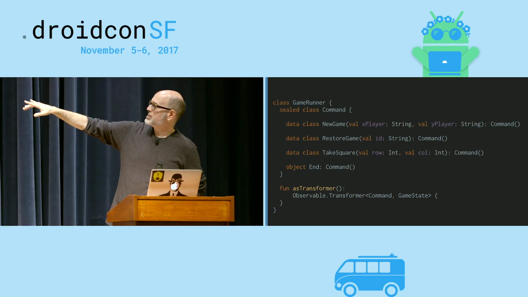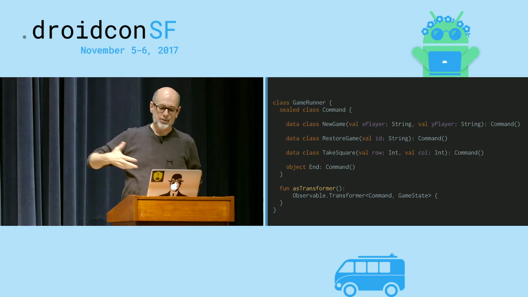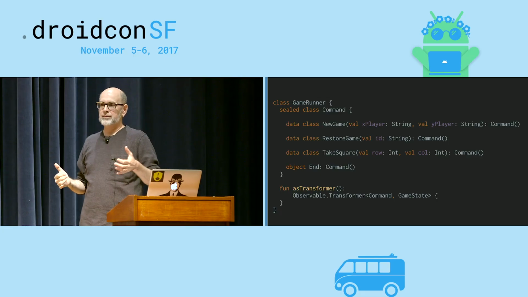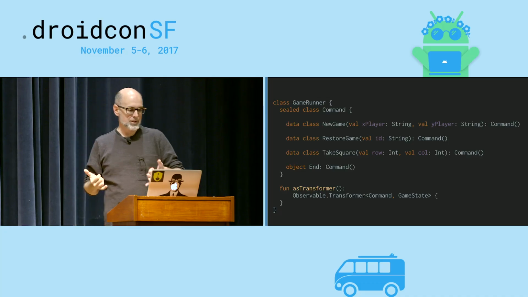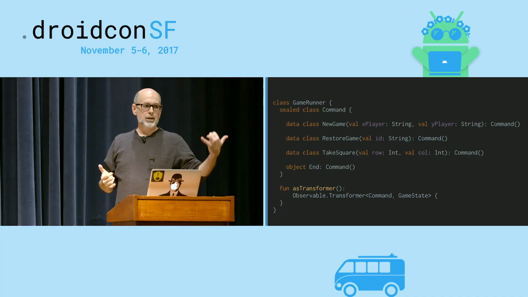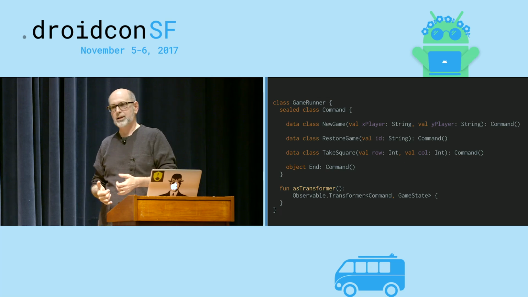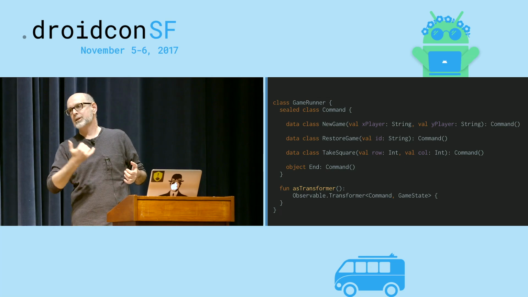And instead of exposing an observable that you can subscribe to directly, we make our state available as a transformer, a function that is able to take commands, a stream of commands as input, and occasionally burp out game state objects as output.